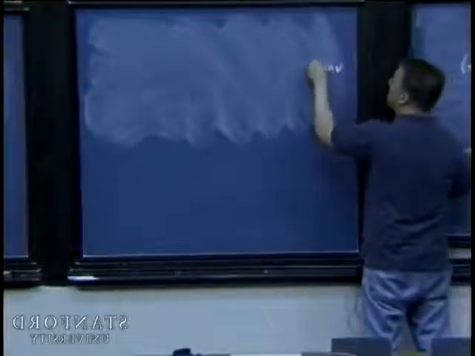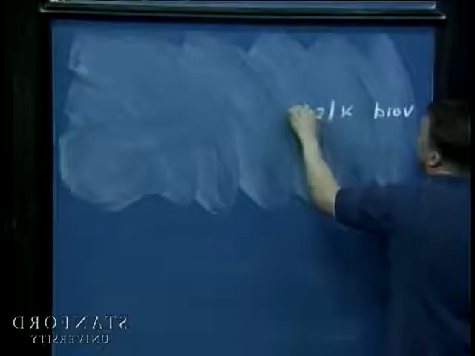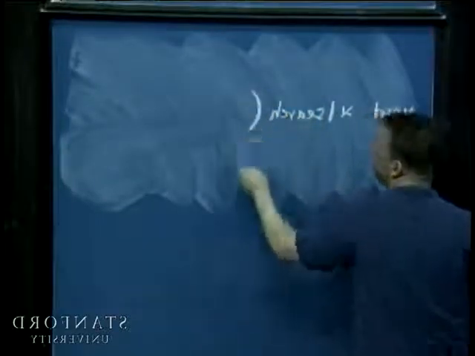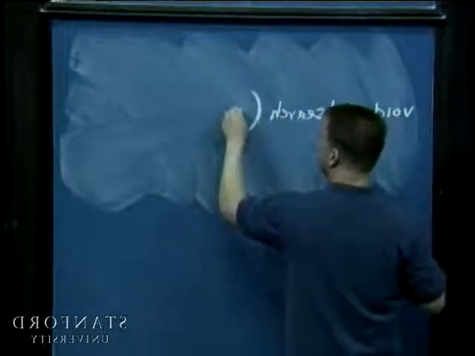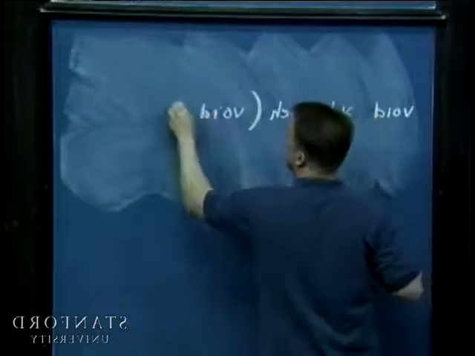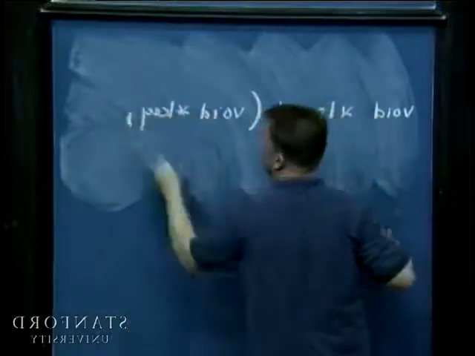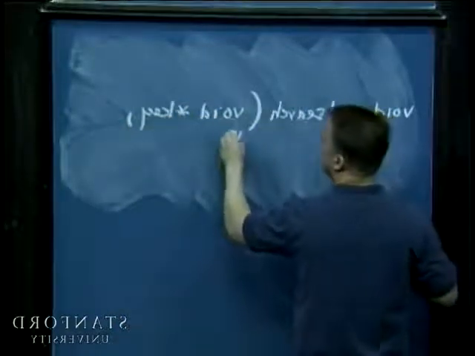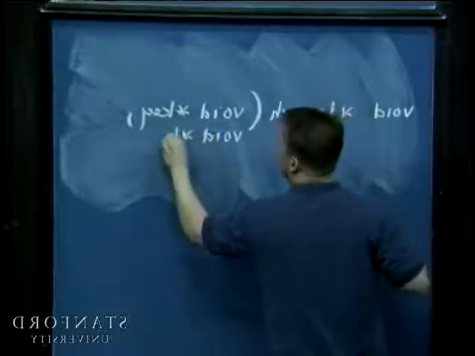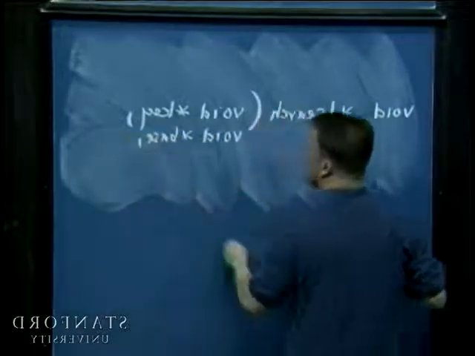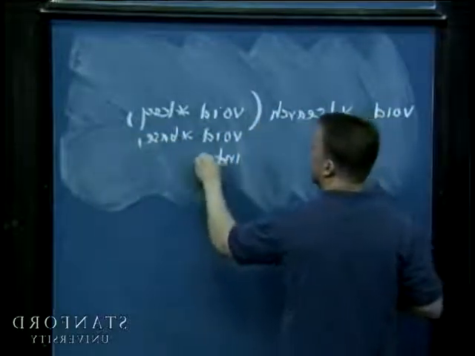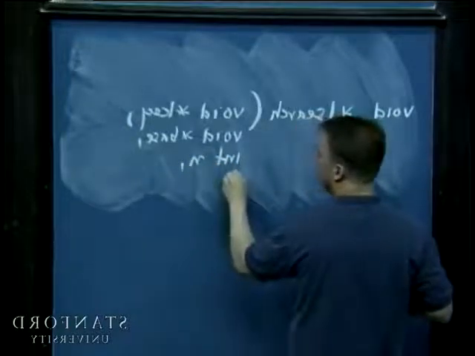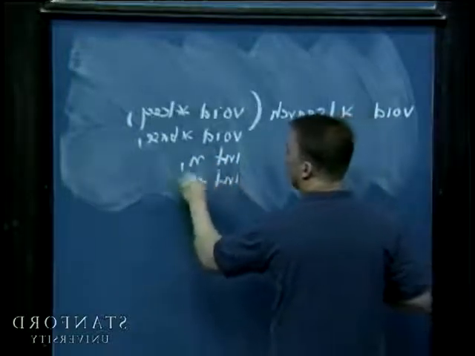Void star lsearch, the L is still for linear search. I want to pass in void star key. I want to pass in void star base. I want to pass in int n. I want to pass in int elemSize.